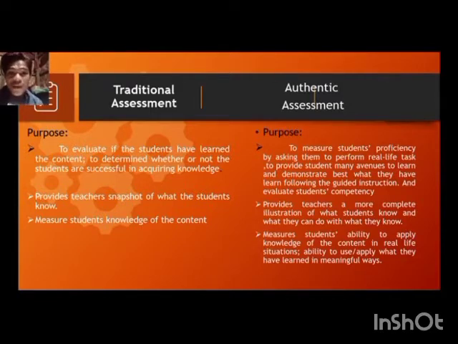The third one is to measure students' knowledge of the content. As what I have mentioned a while ago, diba, the teacher will give us the summative, mga exams, mga final, so that the teacher will know or will measure if the students really learn the content.